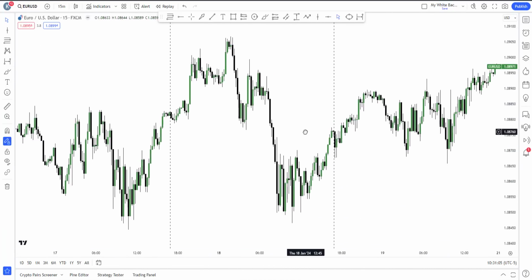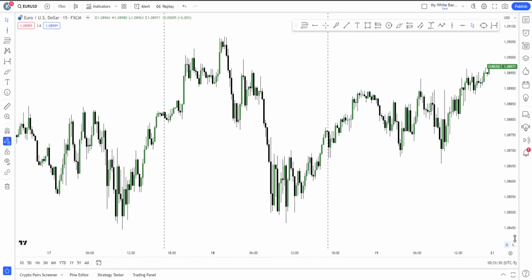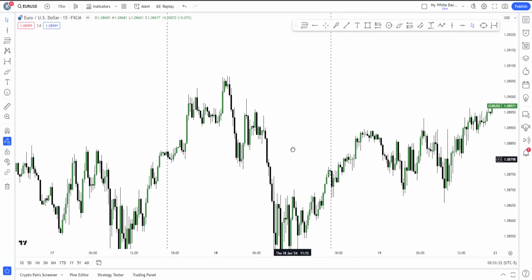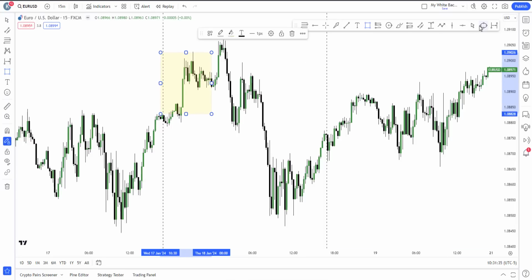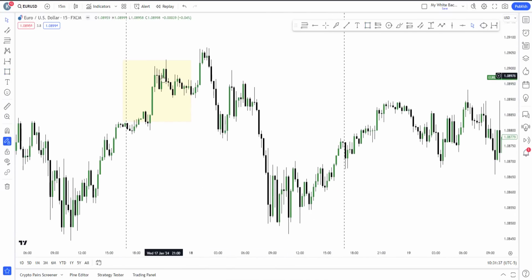This is the 15-minute time frame. The same concept applies across all of it. The first 6 hours of a typical and active trading day comes as an accumulation. Look at this area. The first 6 hours of the day is always an accumulation.